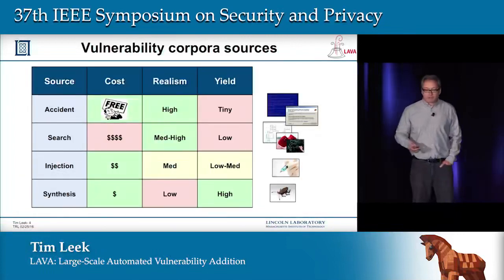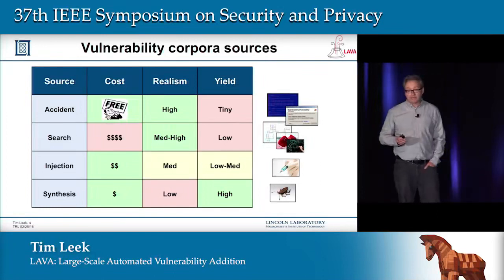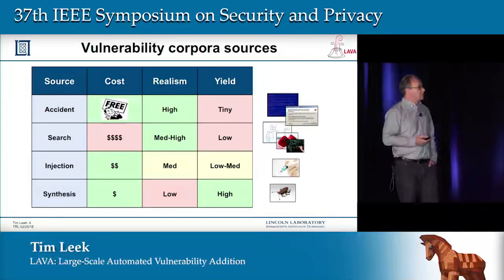So a little bit more about the sources. We think of them as being four ways to collect vulnerability corpora. You can wait until your program crashes, and those are really realistic, but it's a tiny corpus. You can search for things using math or fuzzers or staring in IDA Pro or something like that, and they're pretty high quality, but it's again low yield.